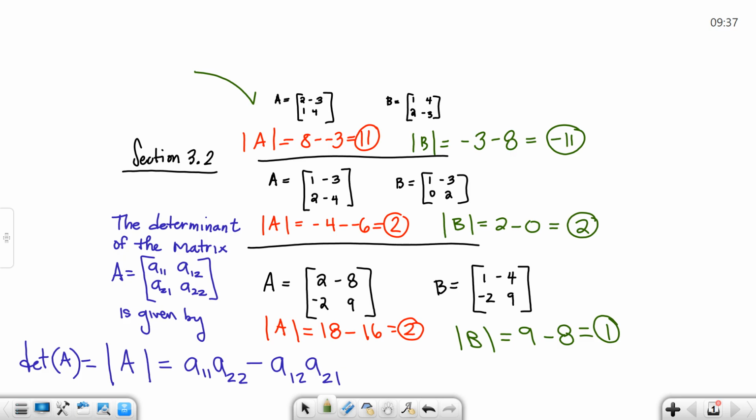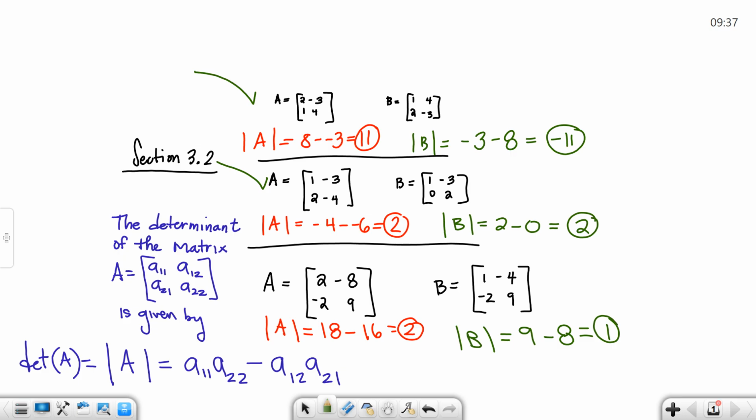Number 2 says when B is obtained from A by adding a multiple of a row of A to another row of A, the determinants are equal. So in this second group of matrices right here, I said negative 2 row 1 plus row 2 gives me a new row 2, and my determinants didn't change.